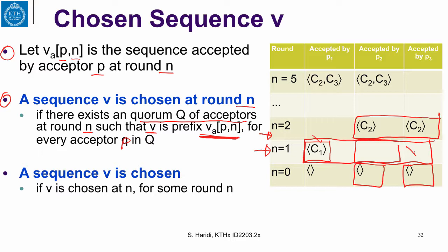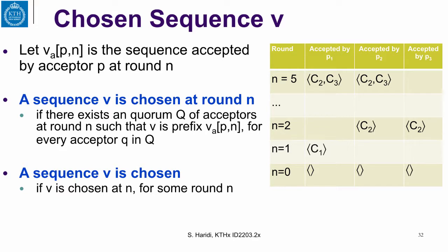So the chosen sequence requires that a majority has accepted this sequence, or this sequence is a prefix of another sequence that is chosen at that round. So we say a sequence is chosen if it is chosen at round n for some round n.